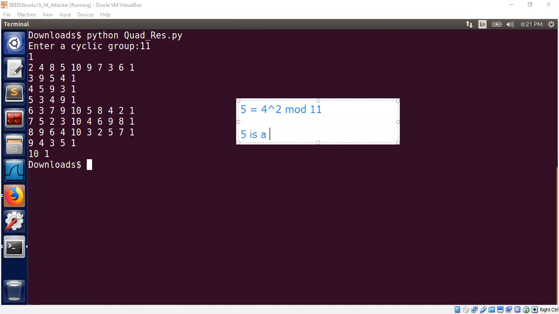Quadratic residue, sorry, it's a mouthful. QR is the notation. We see that the quadratic residues form a group because, as I mentioned, if you take the second column, you would see exactly the same members going row-wise. For example, 4 generates 4, 5, 9, 3, 1, which we know is a subgroup.